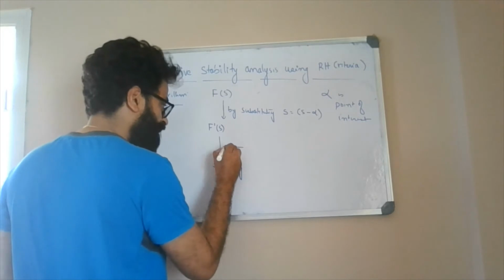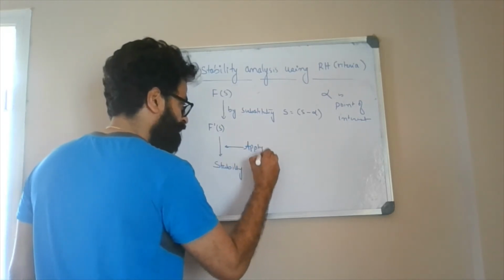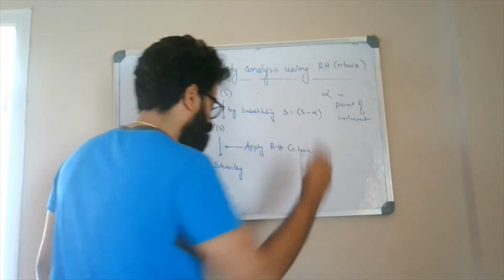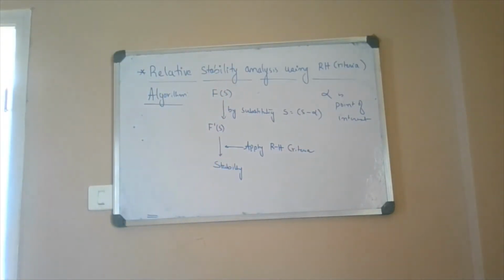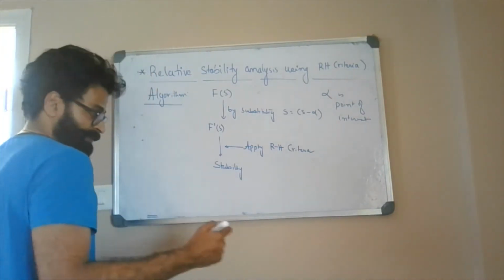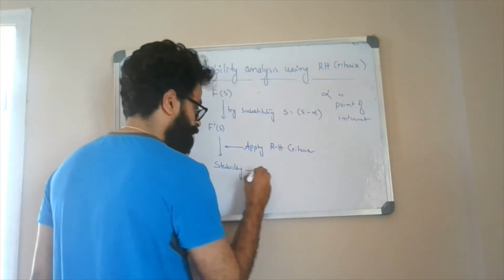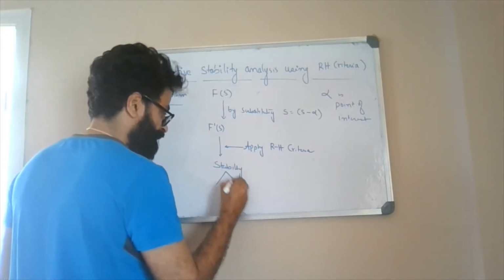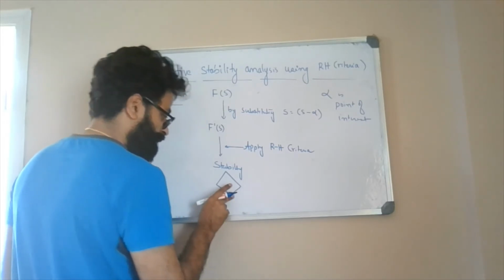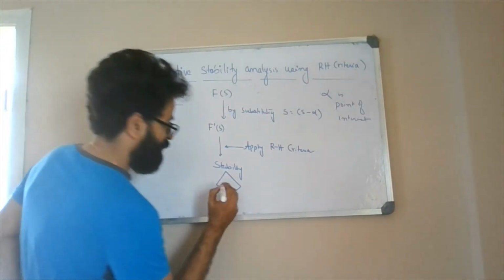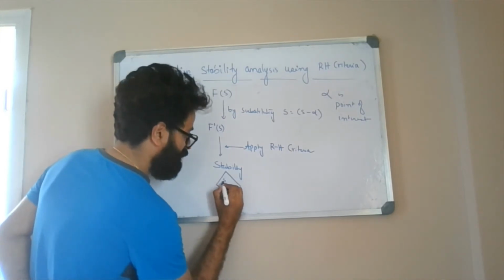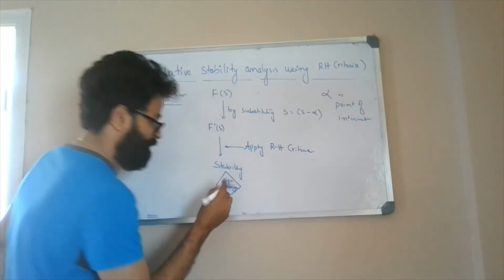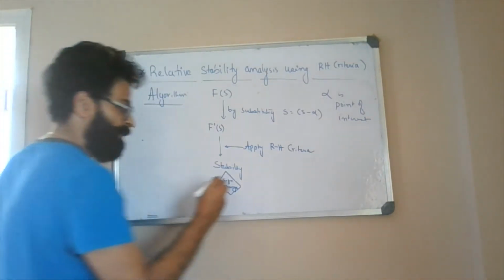How do you examine the stability? By applying the RH criteria. While examining the stability, you can put a decision block: sign change.